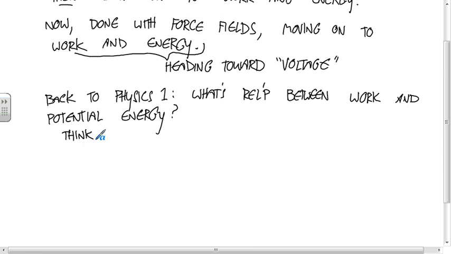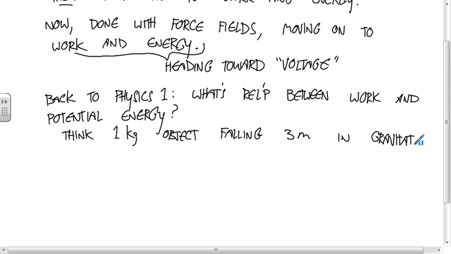So let's think of a 1 kilogram object falling 3 meters in a gravitational force field.